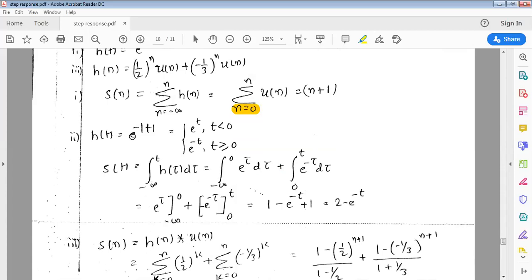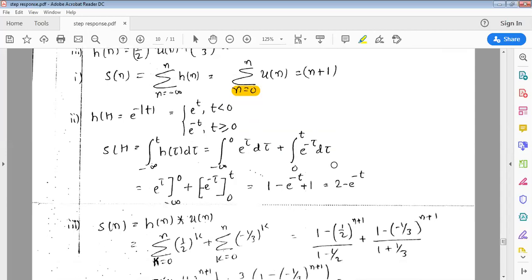Now h of t is equal to, let us say, e power minus mod of t. Already you have done this one. When t is less than 0, it will become plus t. When t is more than 0, it will become minus t. So we'll integrate from minus infinity to t. So this is from minus infinity to 0. We'll take e power tau d tau, the first definition, and 0 to t I'll take e power minus tau d tau.